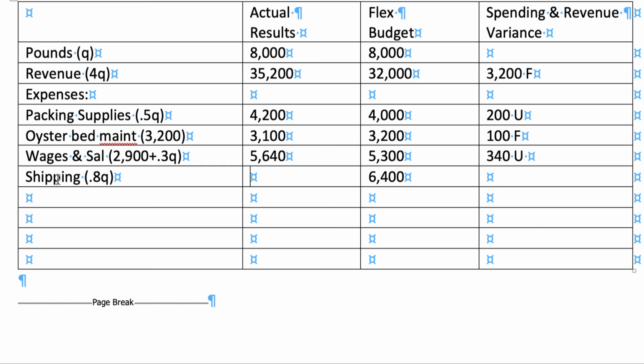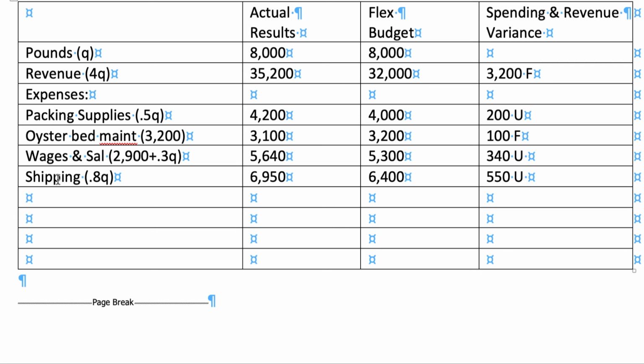What did I actually incur in shipping costs? Well, it's 6,950. So right off the bat, I know I'm unfavorable. Why? Because I actually incurred more than I should have according to the flex budget. So I am $550 unfavorable.